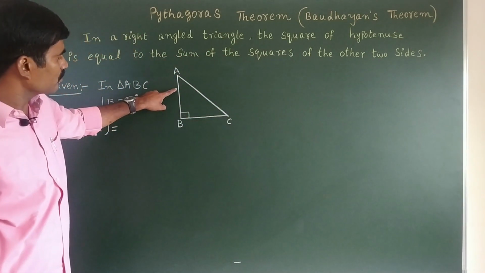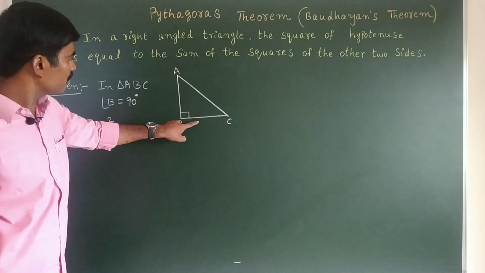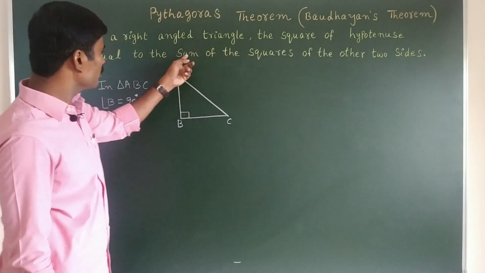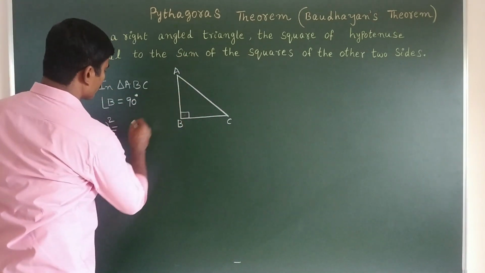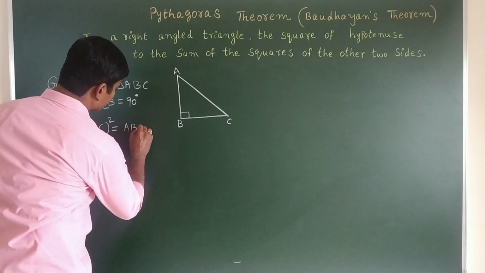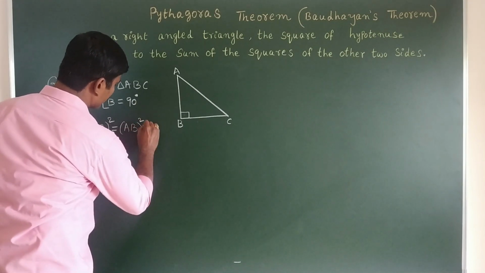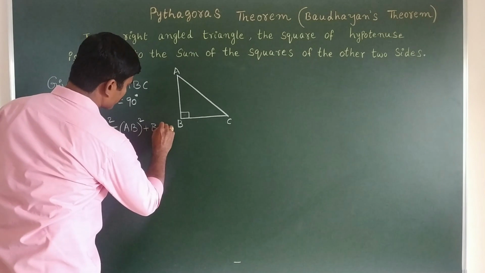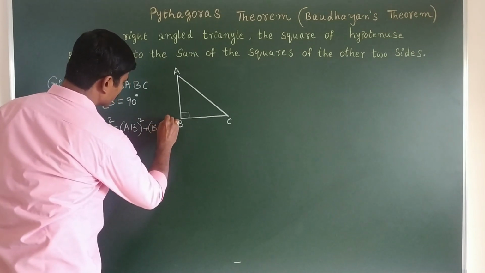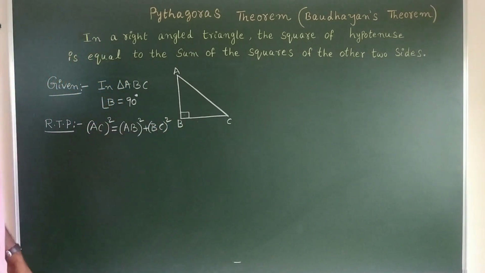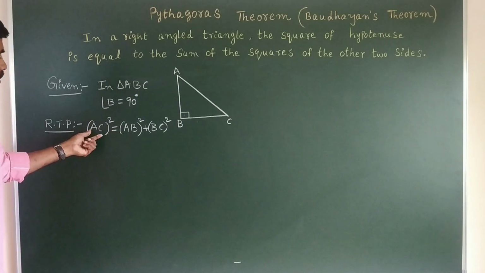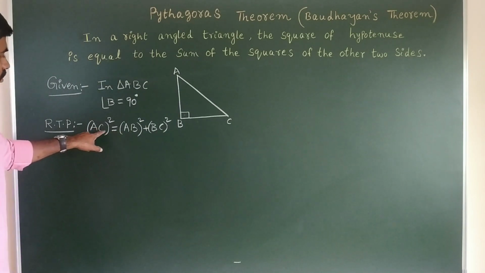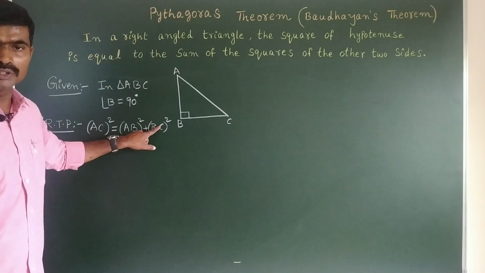The other remaining two sides are AB and BC. We have to square them and add them. So AB square plus BC square. So we have to prove that AC square is equal to AB square plus BC square.